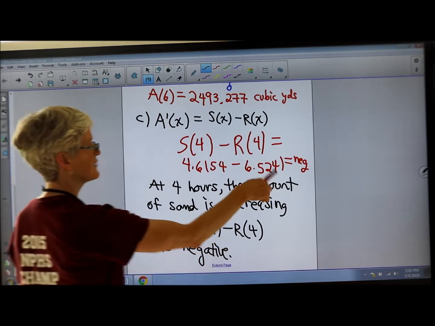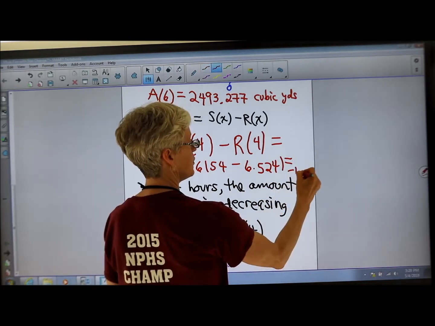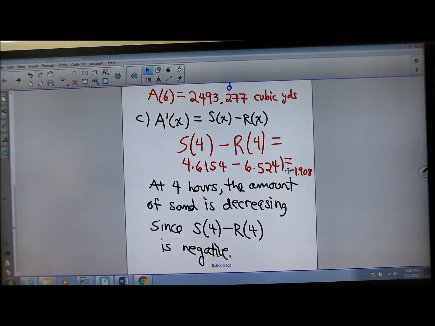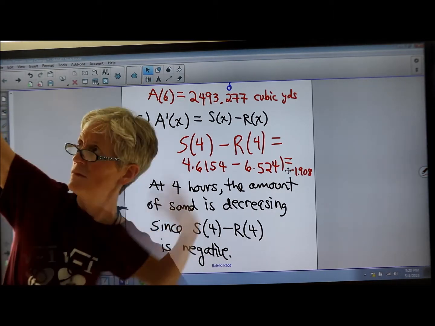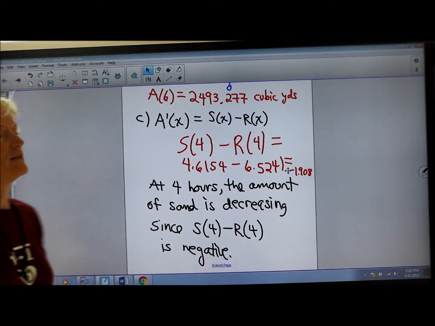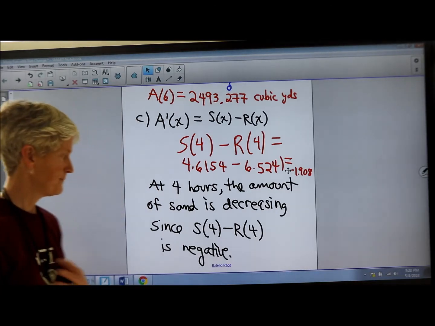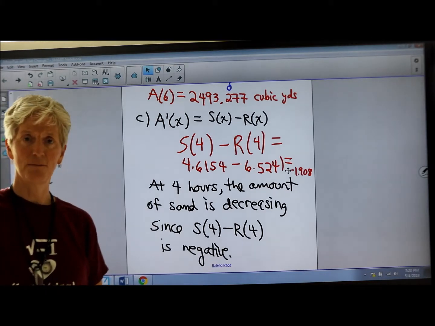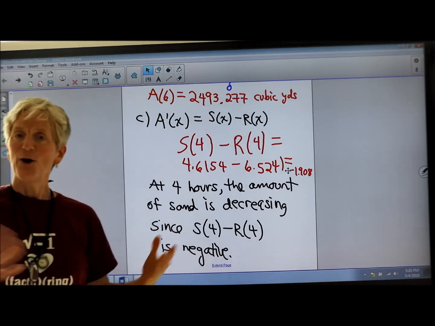Right? And we should actually get our value here, negative 1.908. Okay? So, if our rate is negative, our function, expressing the amount of sand, is decreasing. And therefore the amount of sand is decreasing at the 4th hour. I hope that was helpful.